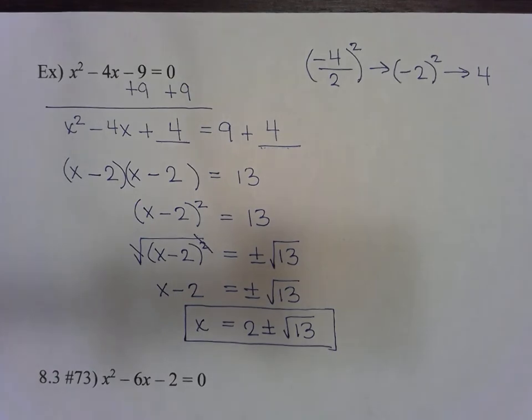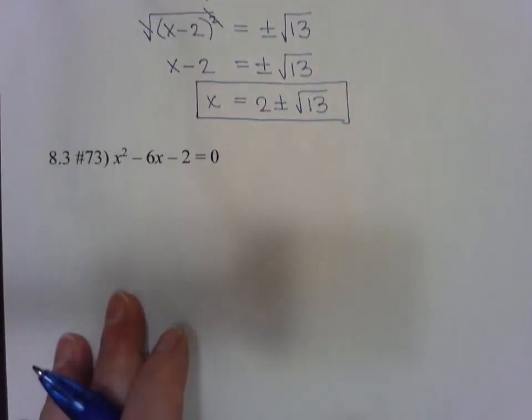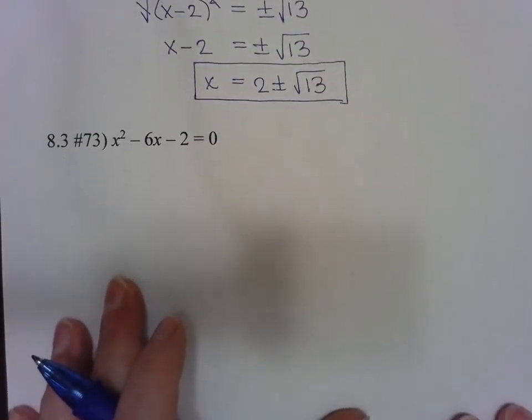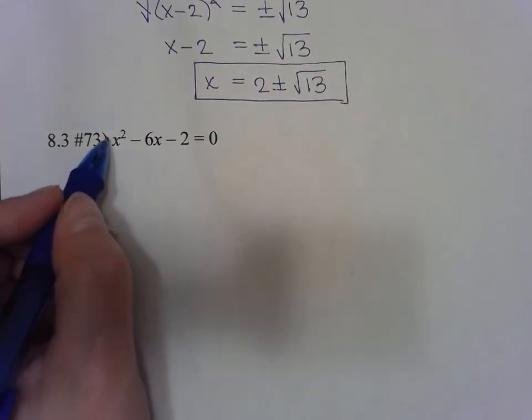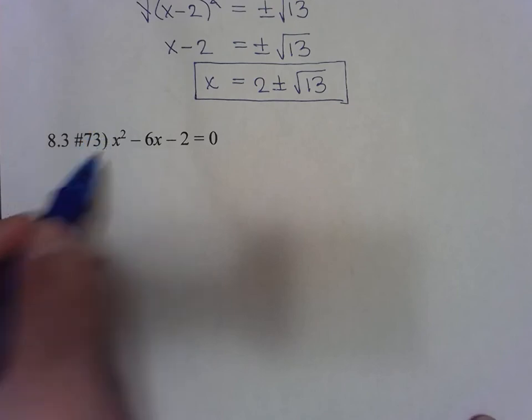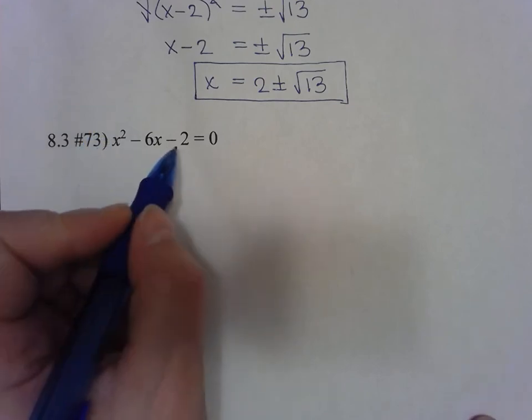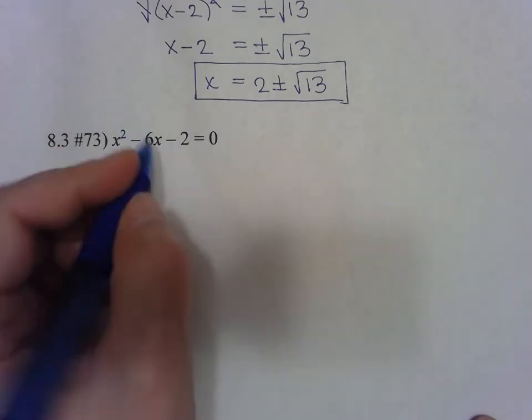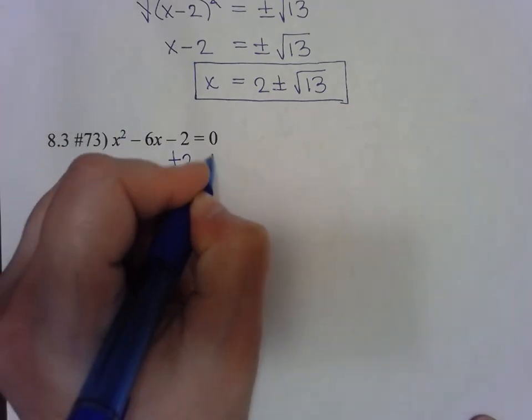let's try one more. Same thing here, I have a 1 in front of the x squared, so I don't need to divide, but I am going to move my constant over to the other side.